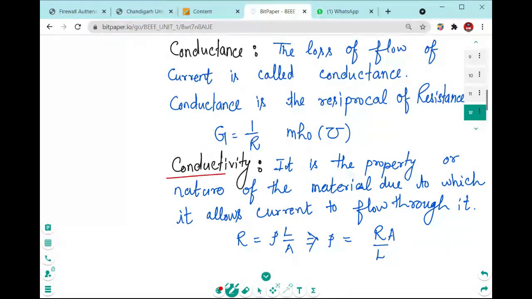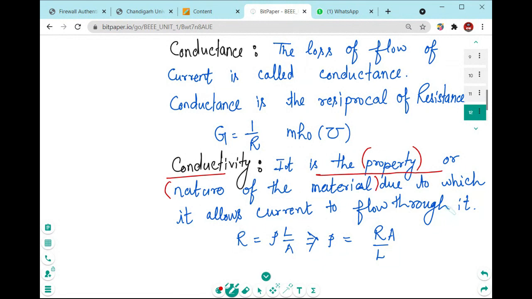What is conductivity? Conductivity is a property, or we can say the nature of the material, due to which it allows current to flow through it.